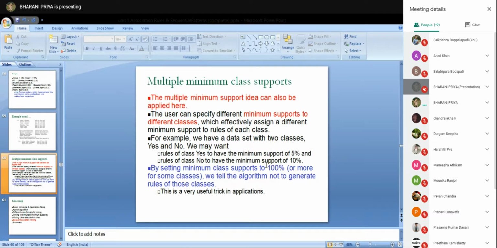Tell me an example. Class association rule, one example, which has frequent items and which has rare items.